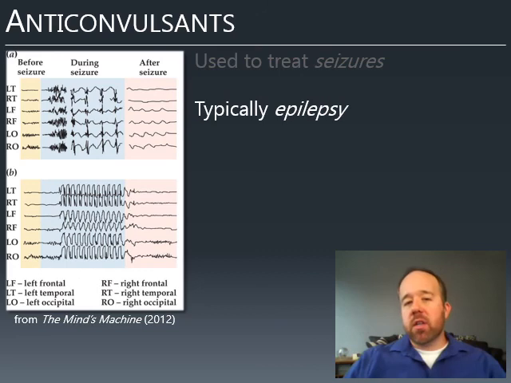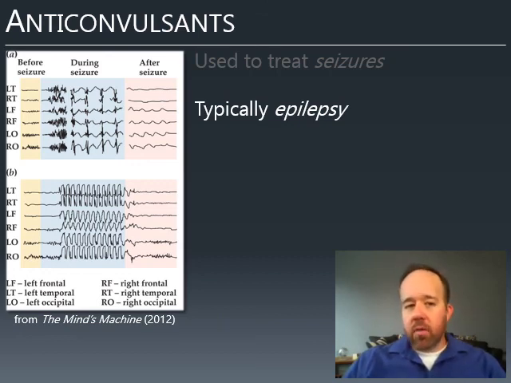So what characterizes these seizures in the brain is a large amount of spontaneous, synchronous activity. So normally your brain is firing all the time, but here we have a really large increase in the amount of activity and also the degree of synchronization in the brain.